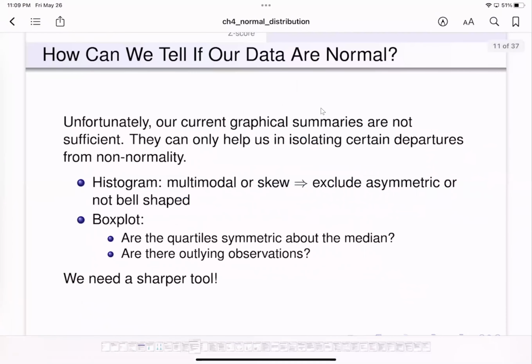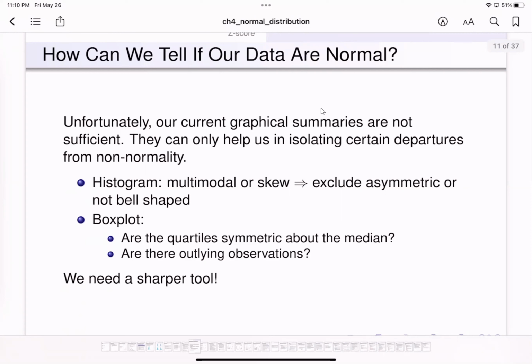How could we tell whether the data comes from the normal distribution or not? In the previous lesson, we learned that there's the histogram or the box plot, but unfortunately, either the histogram or box plot can only show the data being symmetric or not symmetric.